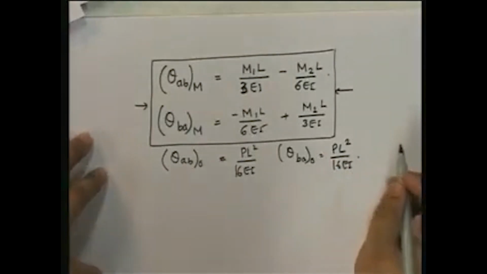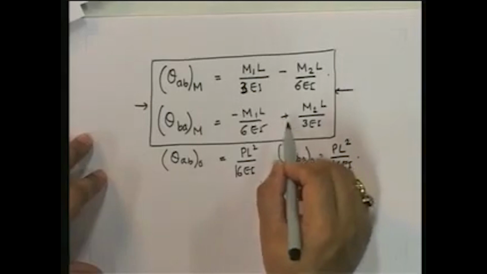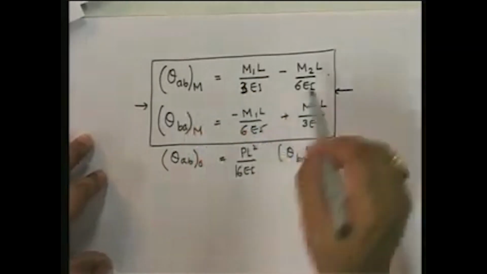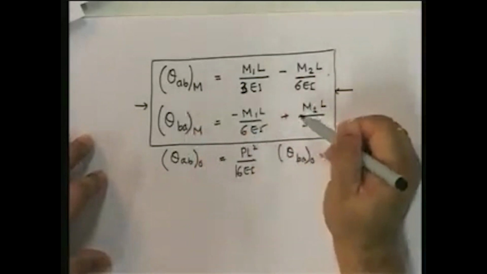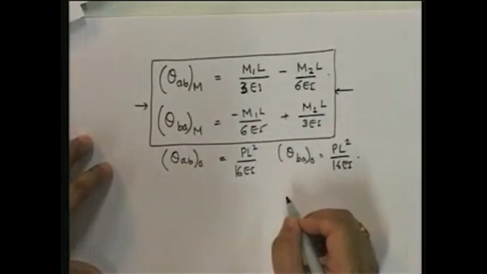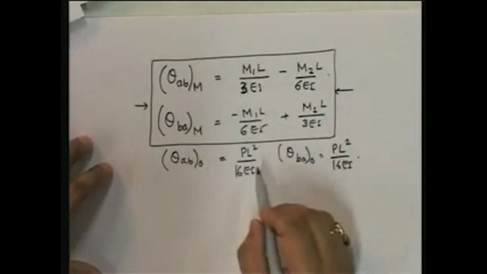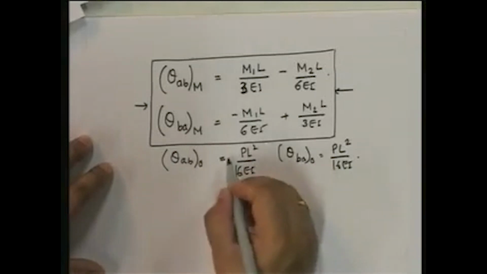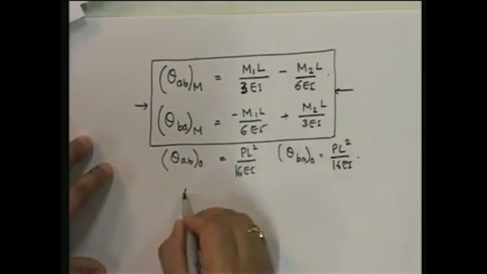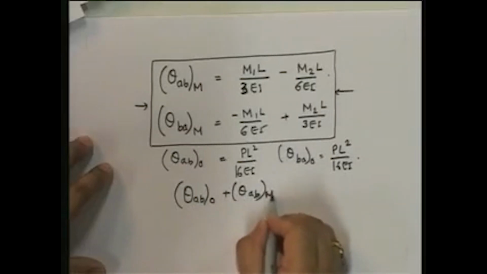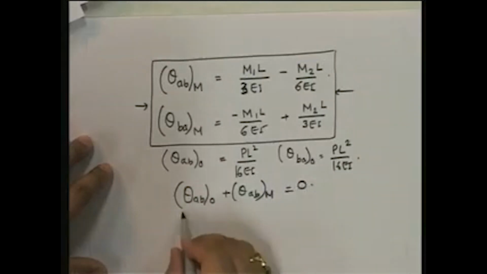The only thing is that if M1 and M2 are the fixed end moments, then theta AB 0 plus theta AB M must equal 0. So now I need to find out those fixed end moments, right? I'm going to put this plus this equal to 0. I'm not going to explicitly put them equal to 0, I'm going to show you what we are going to be doing.